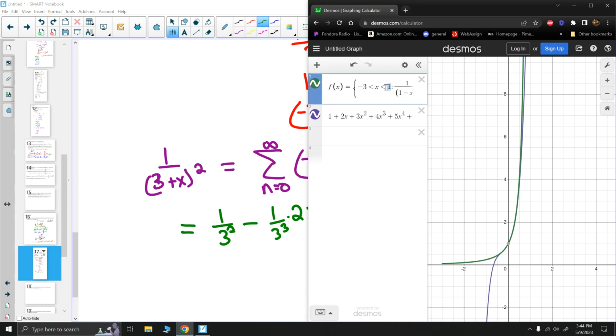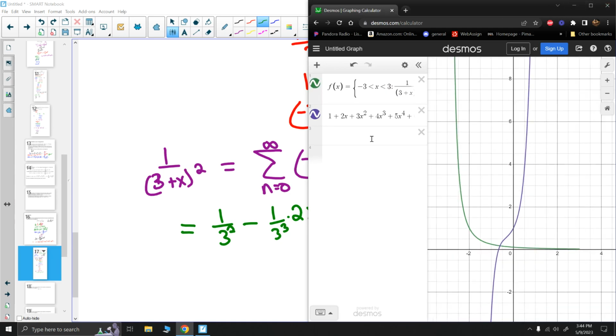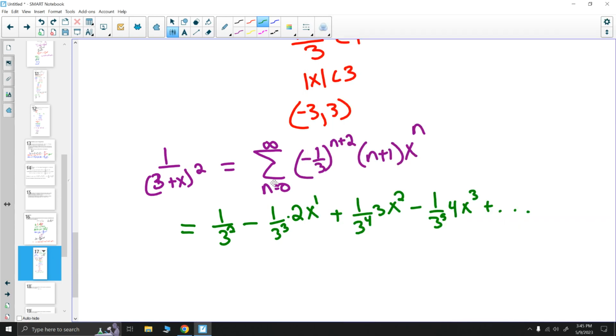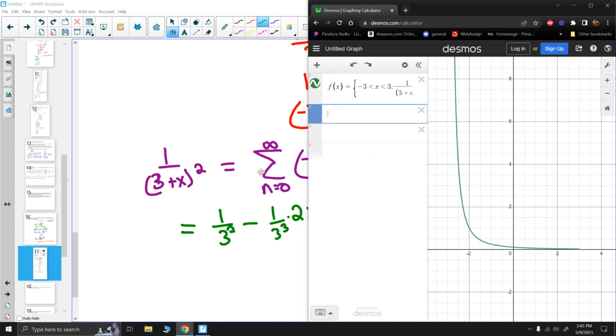All right, so let's go ahead and take a look and see if this is true. So first of all, our interval of convergence is from negative 3 to 3. Our function is 1 over 3 plus x squared. So this is what we're trying to approximate with our partial sum here. Again, we are saying that these are equal because they are equal, but I don't want to type out infinite values, so I'm just going to do a partial sum and see if it's looking correct.